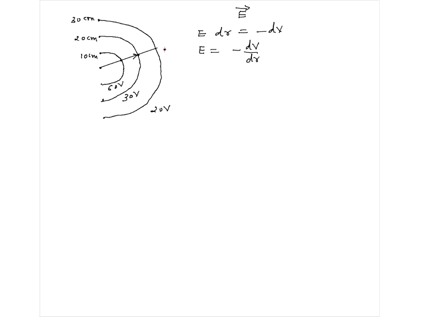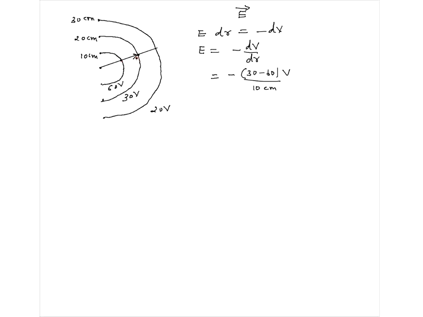But if I go from here to here, it is 30 minus 20. So if I write like this, it will be a mistake, isn't it? If field is not constant, this is what you will find.